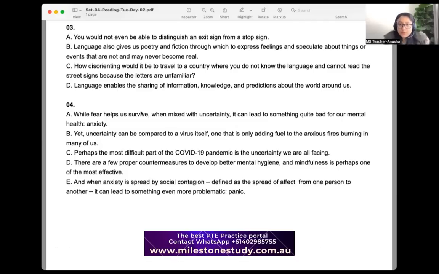Yeah. So let's do 3 and 4 in 4 to 5 minutes, okay? Because maximum is 5 minutes, minimum 4 minutes. You can send your answer in the chat box.